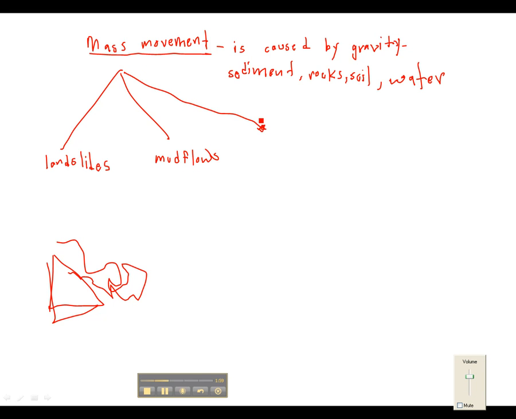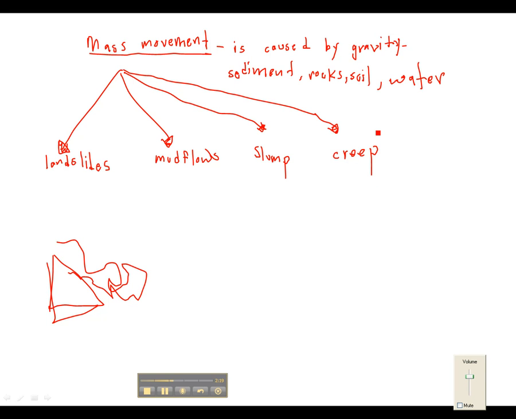This is a really cool name. It's a slump, or a slumper. I just like the word slumper. And the last type is also an awesome one. This is a creep, the last type of mass movement that takes place.